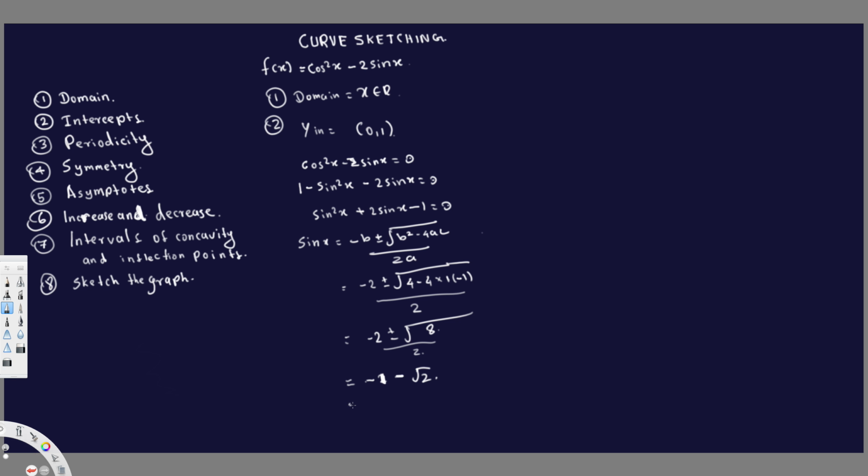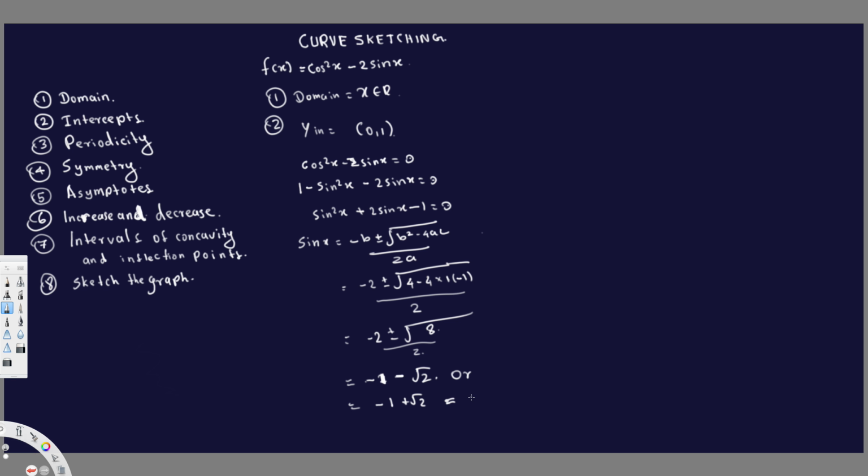So it has two values: minus 1 minus root 2 or minus 1 plus root 2. We only need one value to draw the graph, so let's take the plus value because that will be better.